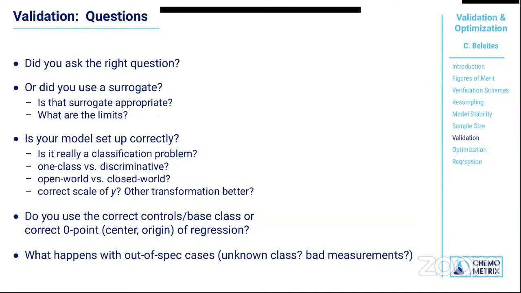All that you've been seeing this morning were so-called discriminative classifiers. They divide all the available input space exactly into the classes. But there are also classification systems where the classes can overlap and do not need to cover the whole space. So-called open world, closed world, and one class classifications.